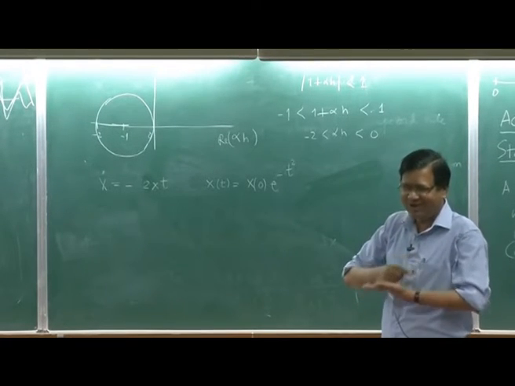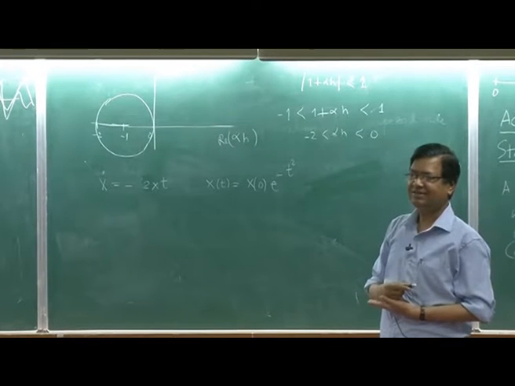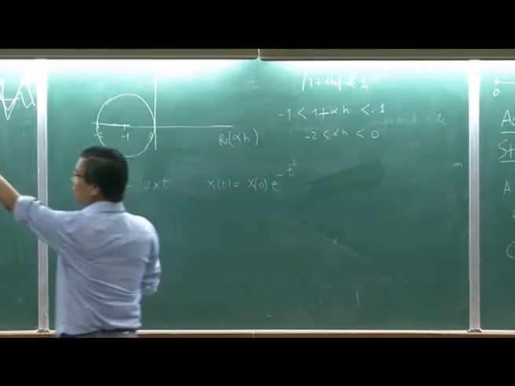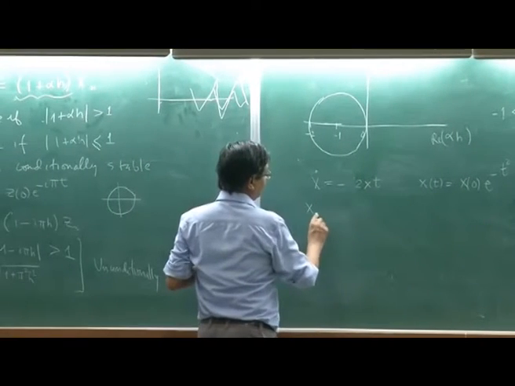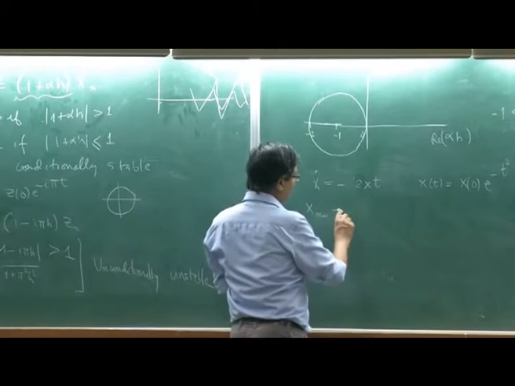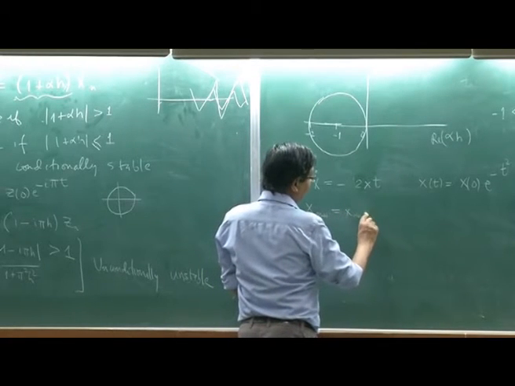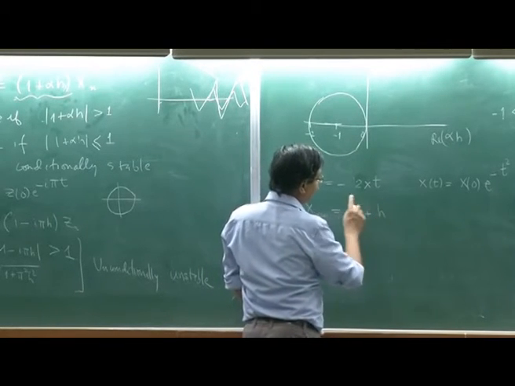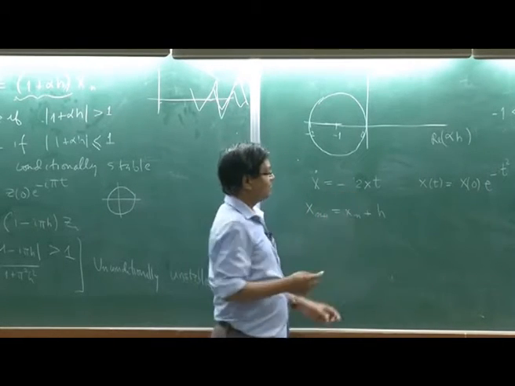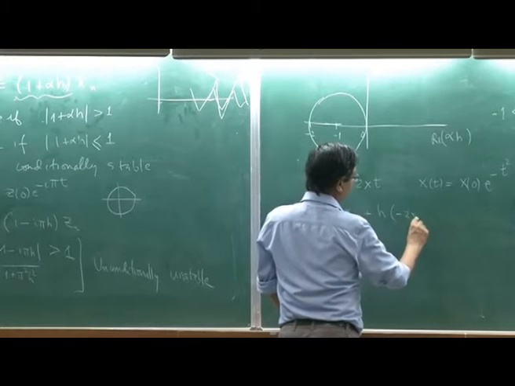I want to apply Euler forward. Again the same formula, but I have to be a bit careful. So, x(n+1) equal to xn plus h times minus 2 xn tn.